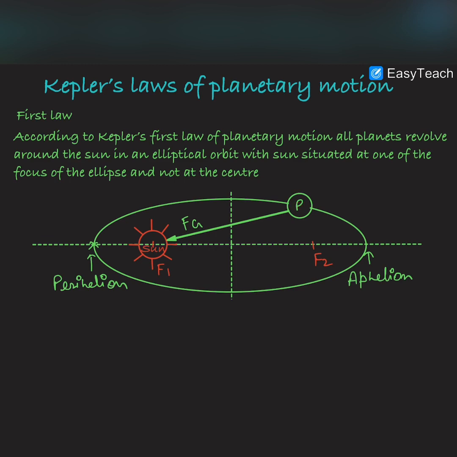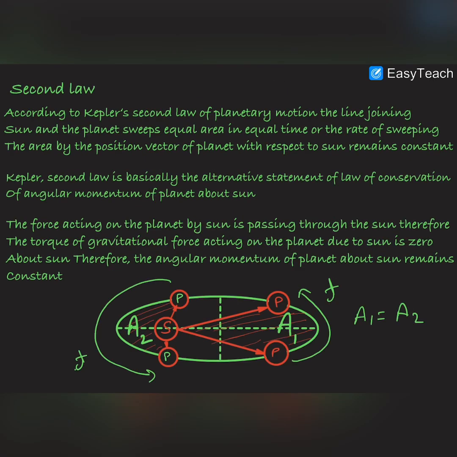If we find the torque of this gravitational force about the sun, it would be 0, because this force passes through the center of the sun. So the torque acting on the planet by the gravitational force will be 0 about the sun, and the angular momentum of this planet about the sun would remain constant.